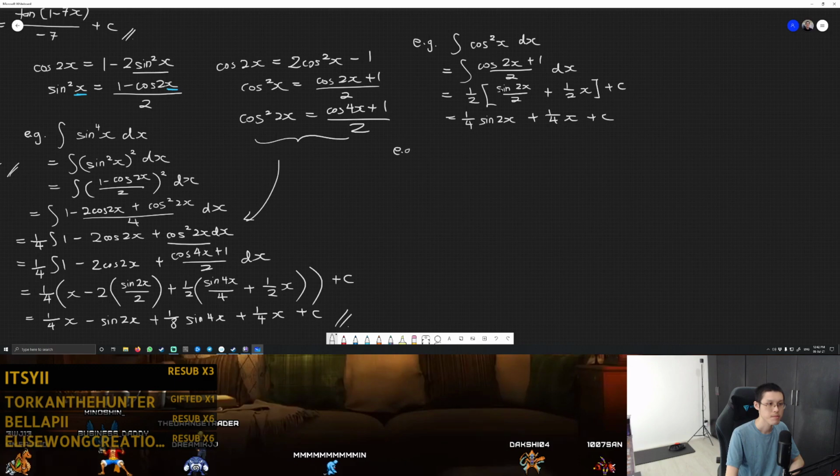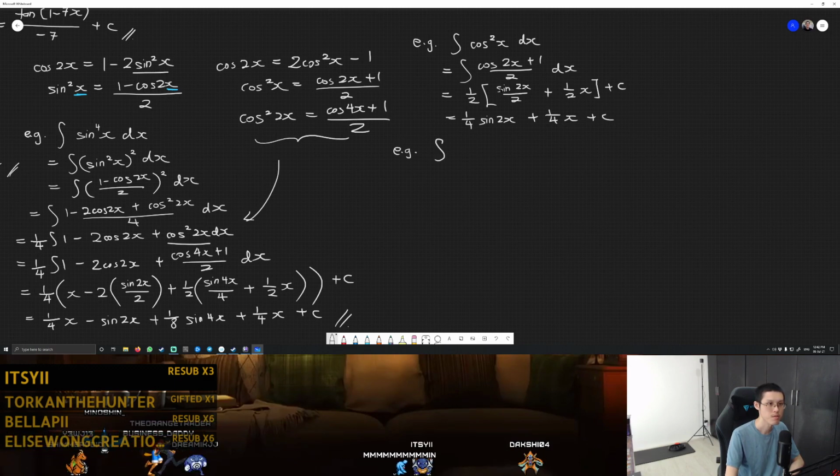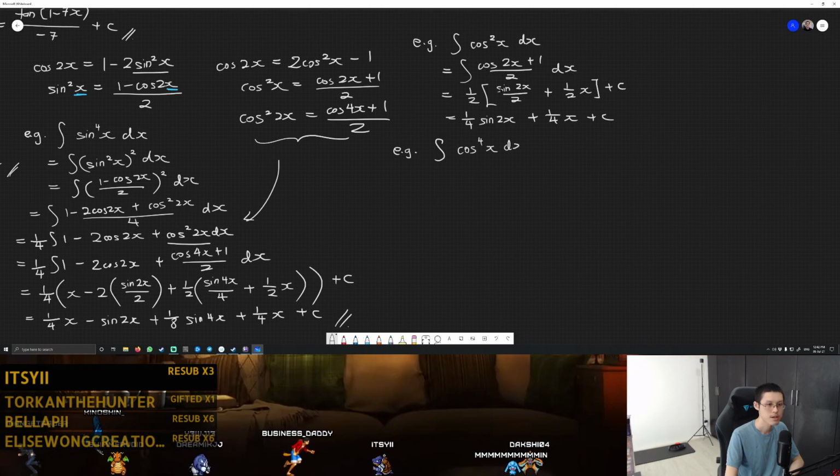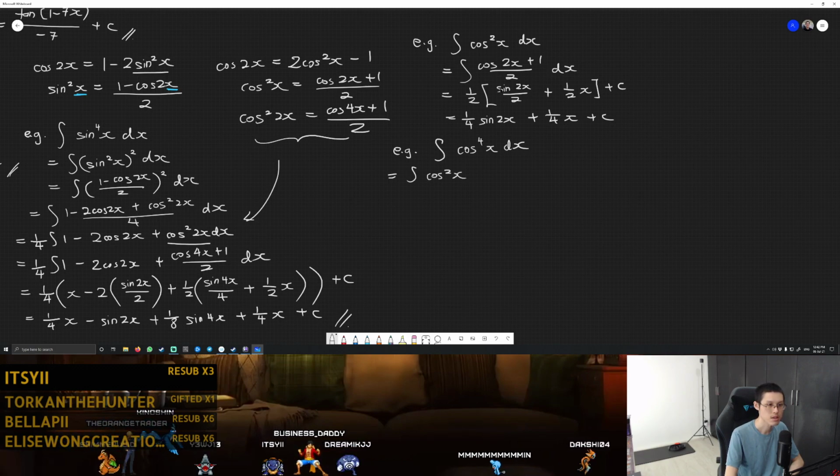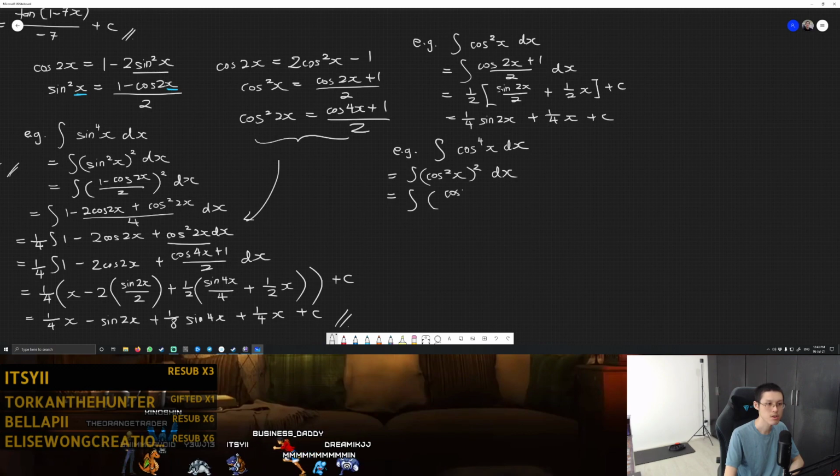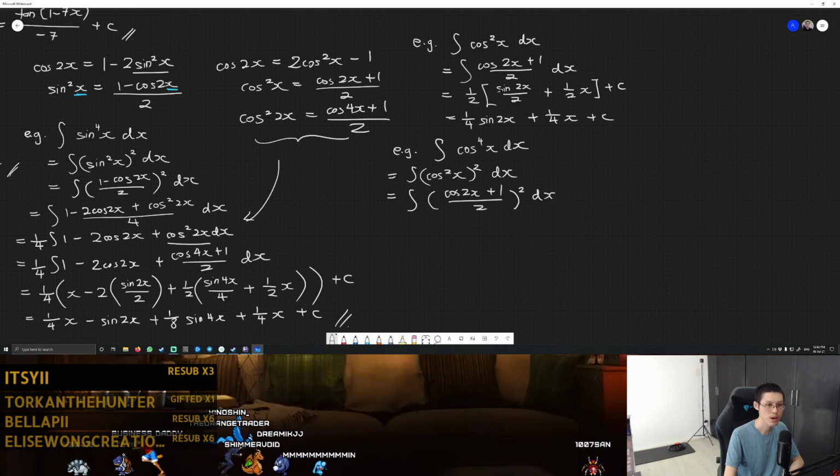Next up, what if we integrate cos to the power of 4 x? So hopefully you're beginning to see the pattern here, because this guy is this guy squared dx, which is actually what we got earlier. That's cos 2x plus 1 over 2, and the whole thing is squared.